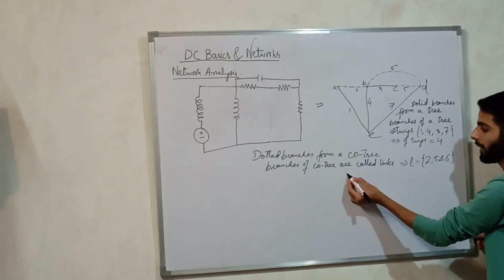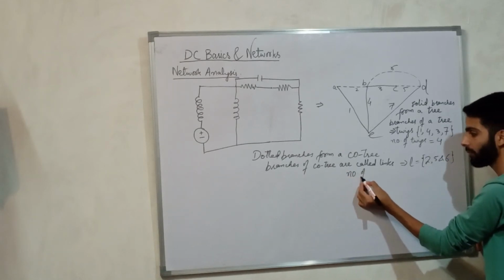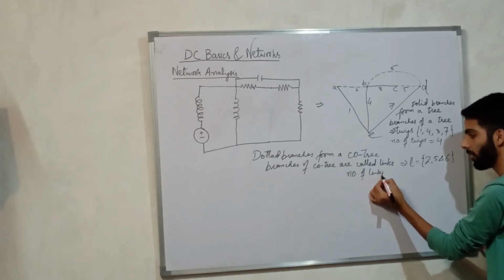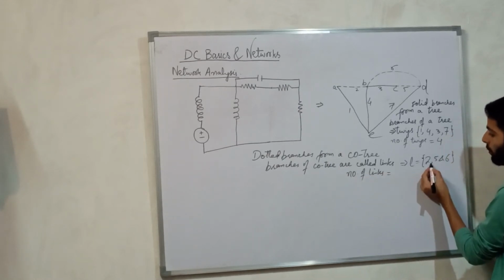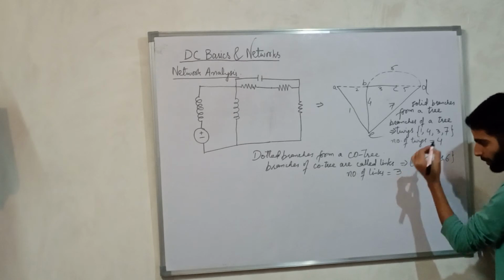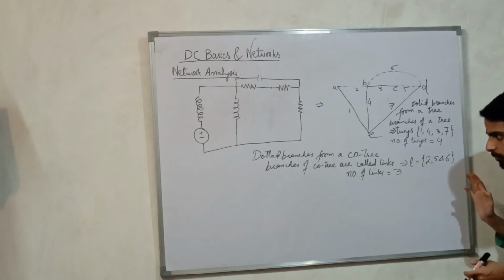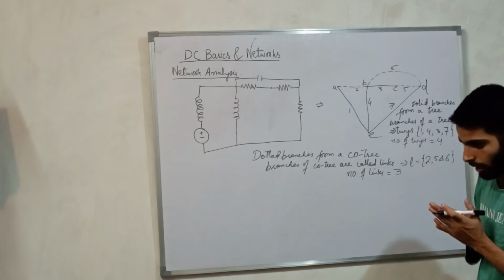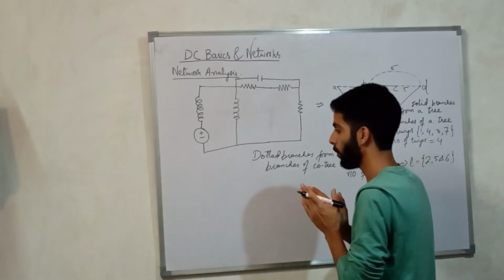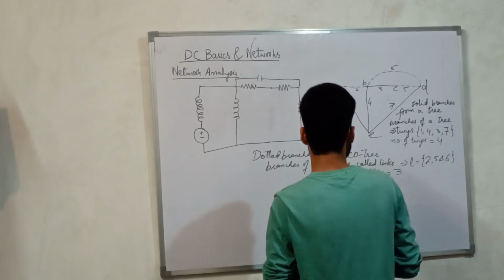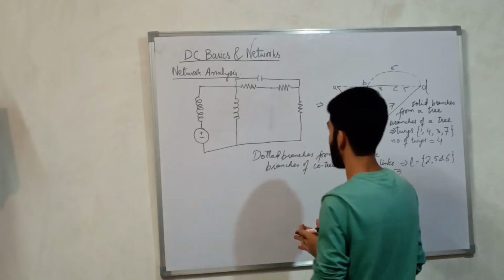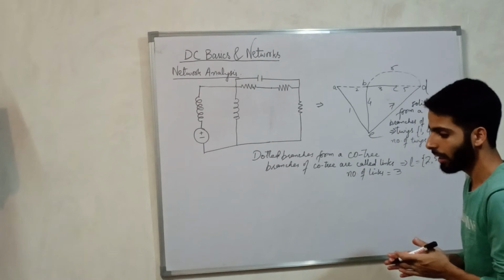So number of links is equal to 3. How many twigs? 4. How many links? 3.